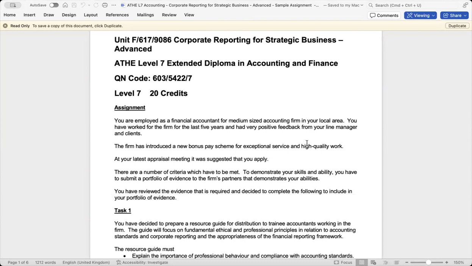Understanding these criteria will provide clarity on what is expected from our assignments and how we can aim for a higher level of achievement.